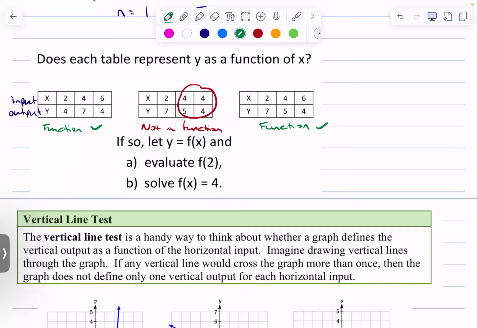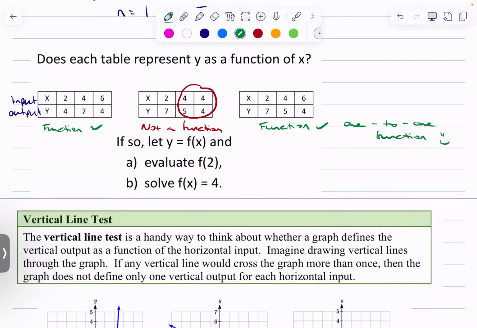So this is a function, and it's a one-to-one function. Special case. If it's not a function, we can't do anything with it, right? In terms of evaluating and solving, that's okay. But if it is a function, we're going to let y be f of x, and we're going to evaluate f of 2.